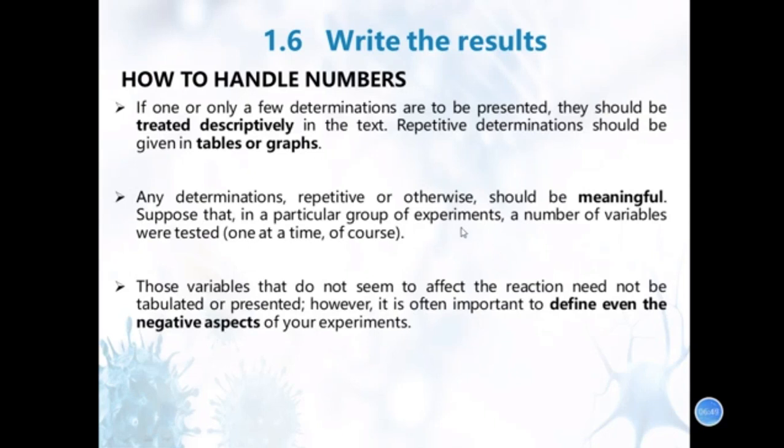You have to think about it. Those variables that do not seem to affect the reaction need not be tabulated or presented. However, it is also important to report even the negative aspects of your experiments. Sometimes, although you get negative results, you have to present them. So, it's a good habit.